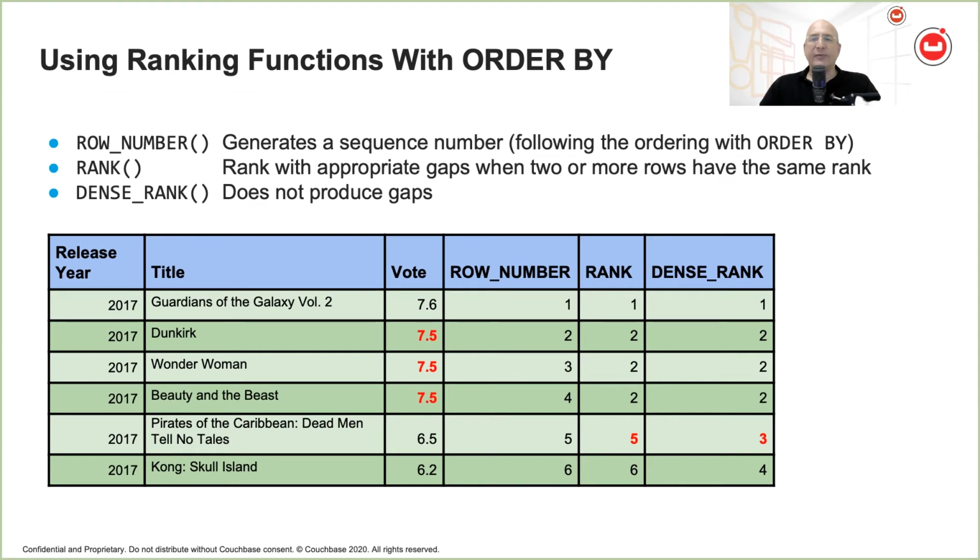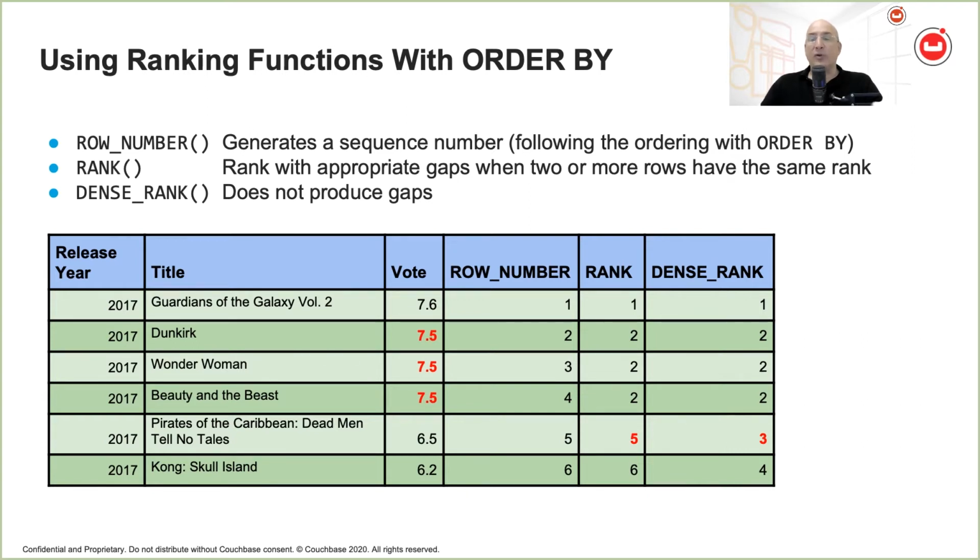Couchbase offers 3 ranking functions. All of them rank the data by the field specified in the order by clause inside the over clause. The row number function generates a sequence number for each document which follows the sorting specified by the order by clause. We've already encountered the rank function, which ranks every document.